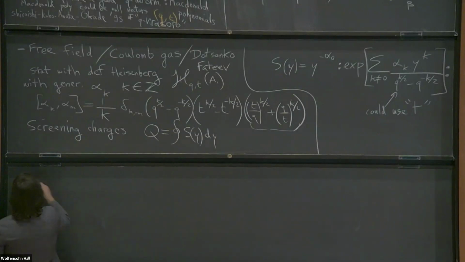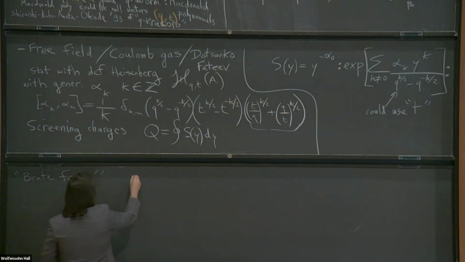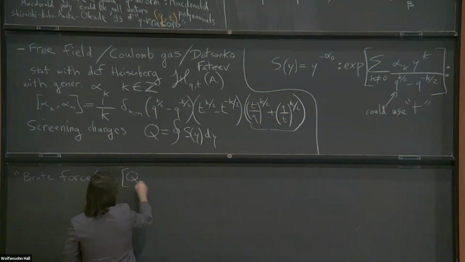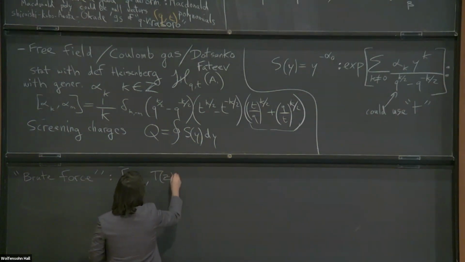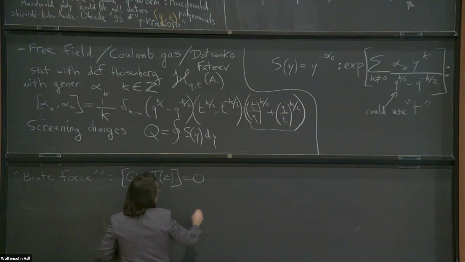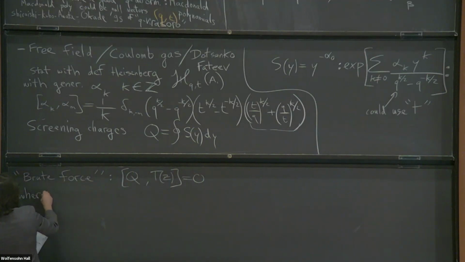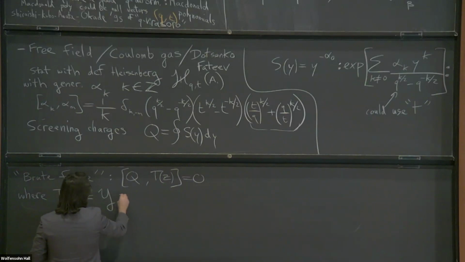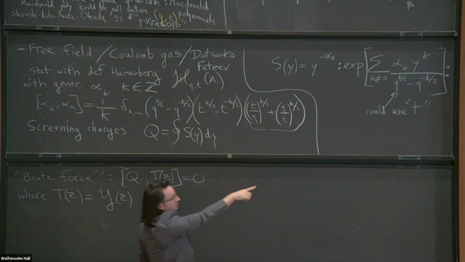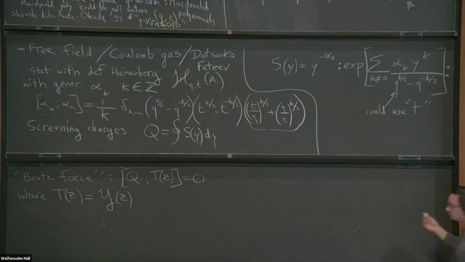So, let's say brute force, Q commutes with an operator that I will call T, where T is defined as the Y operator I built over there. This is a certain vertex operator.